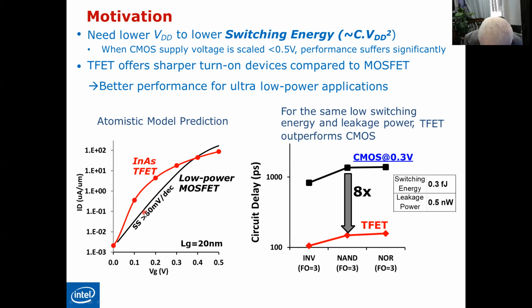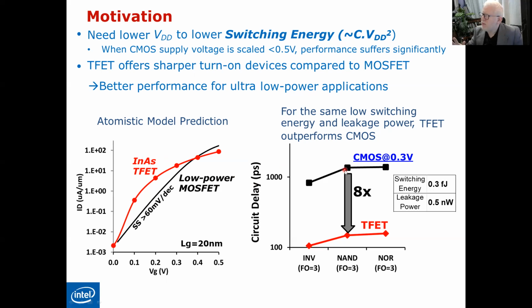Here, the comparison is in terms of the current and the voltage, ID versus VGS, and as you can see, this is the different performance of both the tunneling field effect transistor and the normal MOSFET. Here is what about delay.